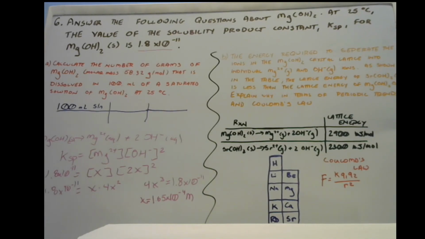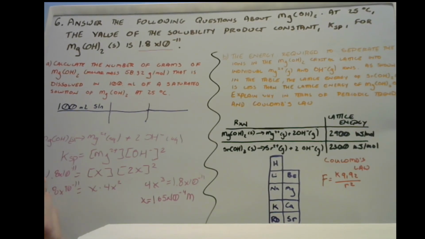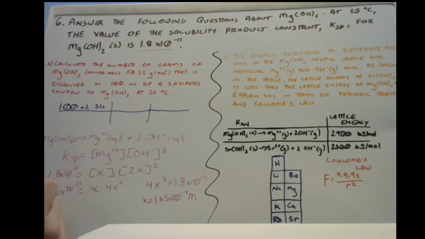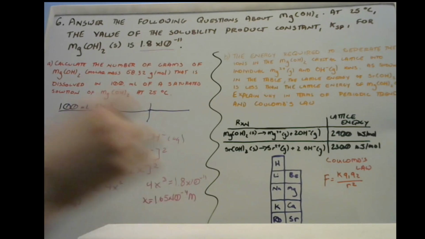So your concentration of Mg2+ equals your concentration of magnesium hydroxide, which is equal to this number here. So now we can do our conversion. We have 100 milliliters using our molarity.